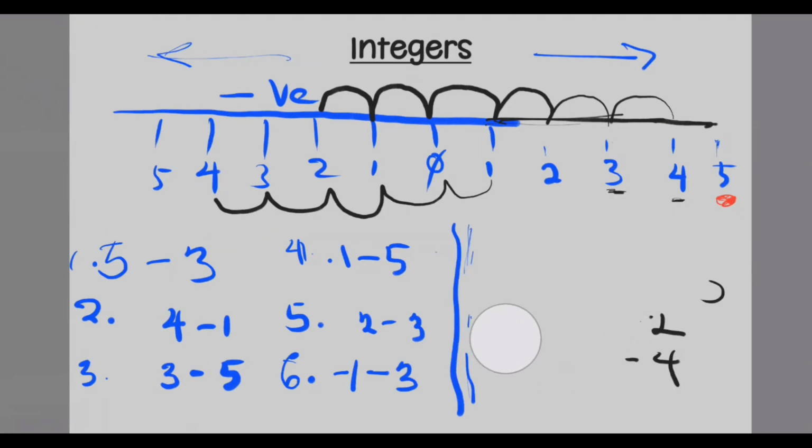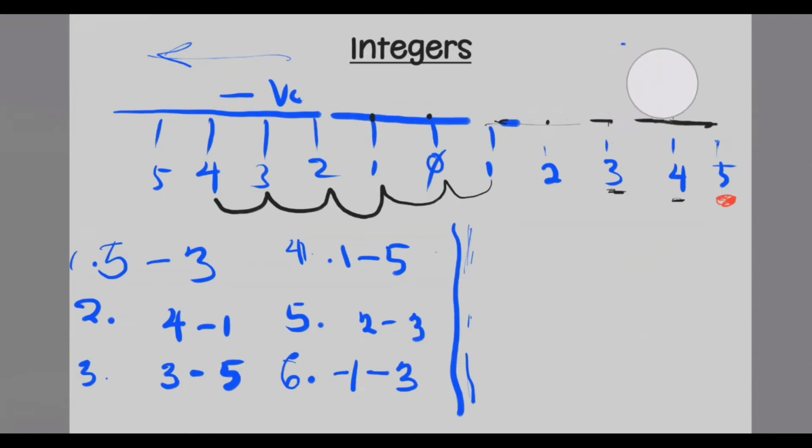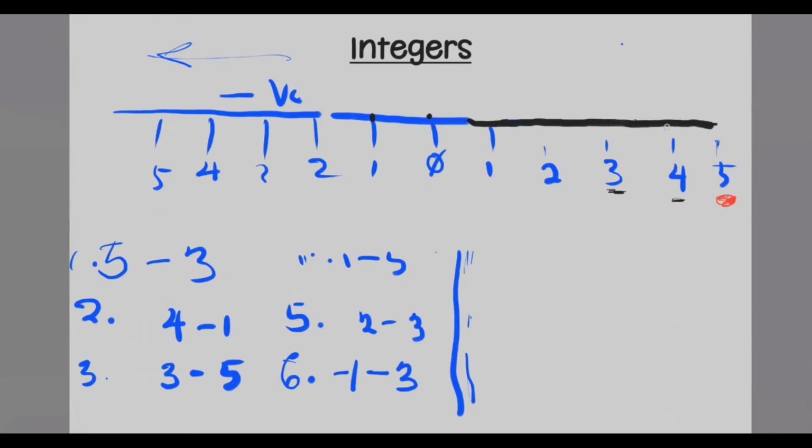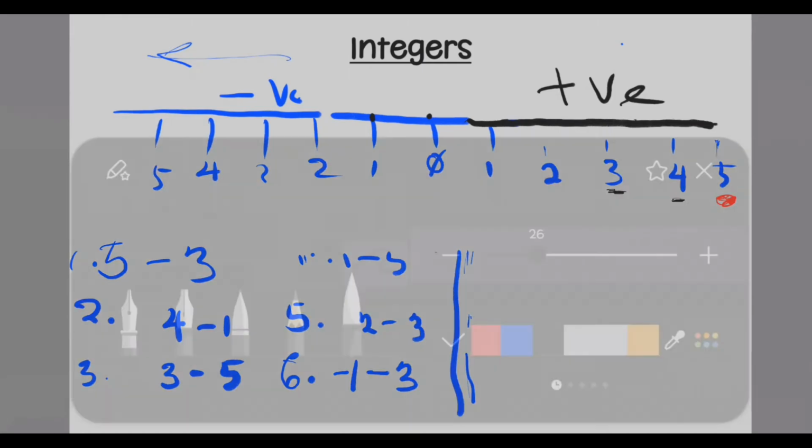Let's do the next one. The next one says 2 minus 3. Let me take this off. We have 2 minus 3. We're going to start from 2.